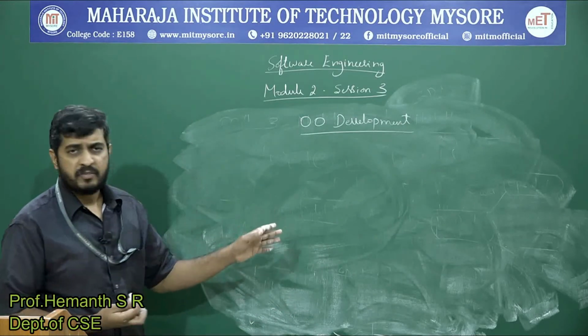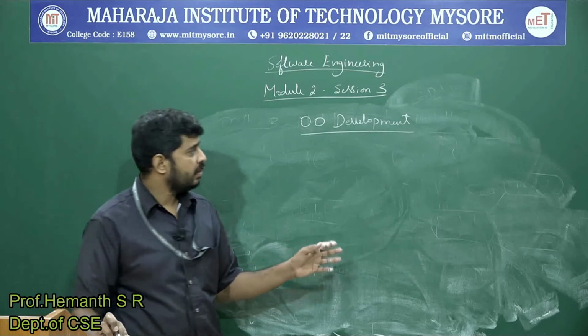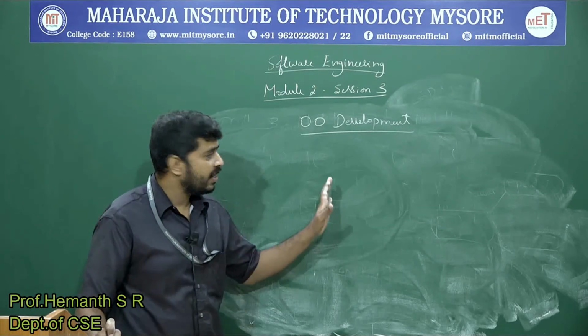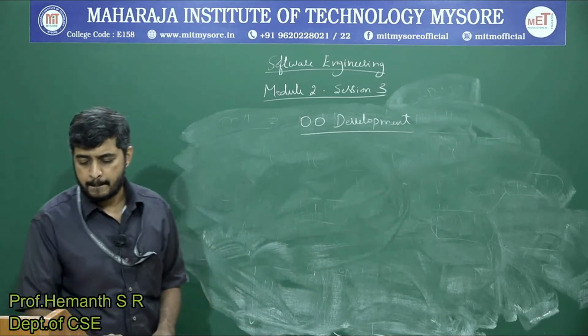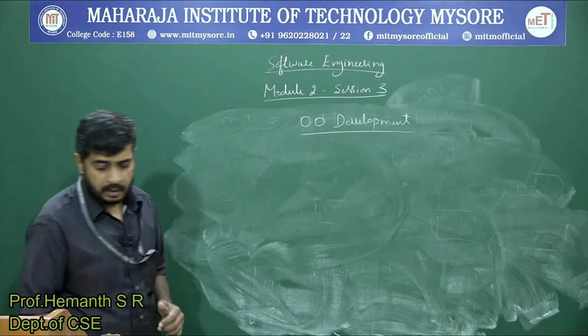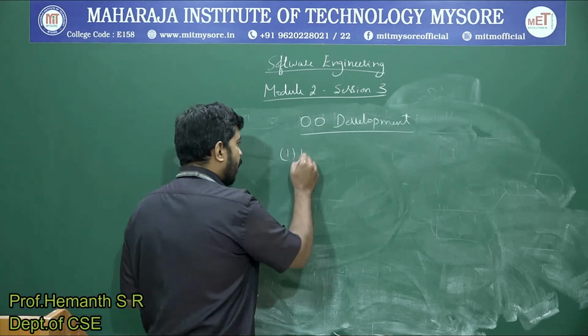The same was briefed already in session 1, where I had given an introduction about object oriented development. Some more detailing will be added in this session. So what is the major focus here of object oriented development? The first one is modeling.